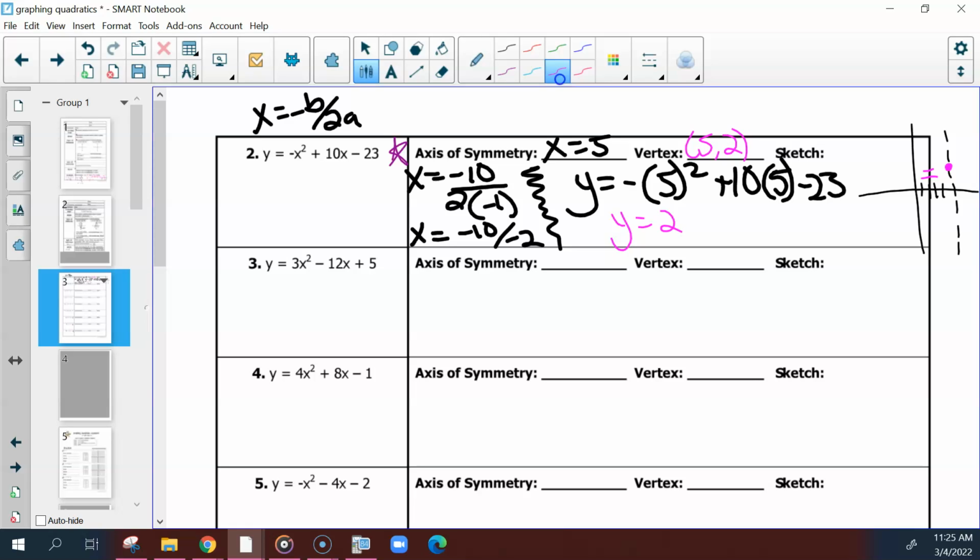Your A value is now negative, so this would face down. Questions on that one?